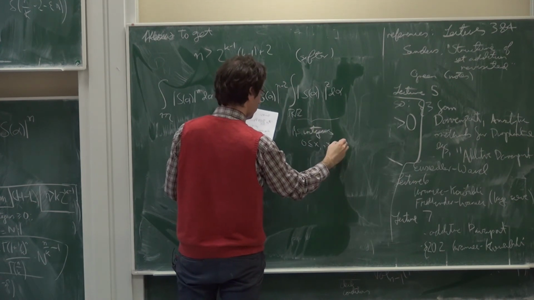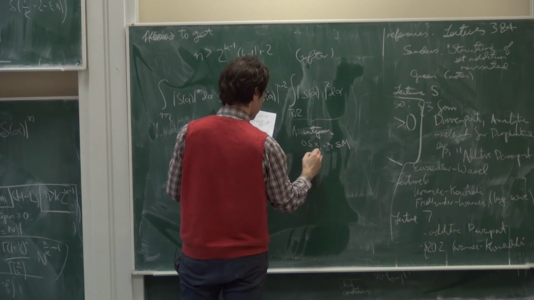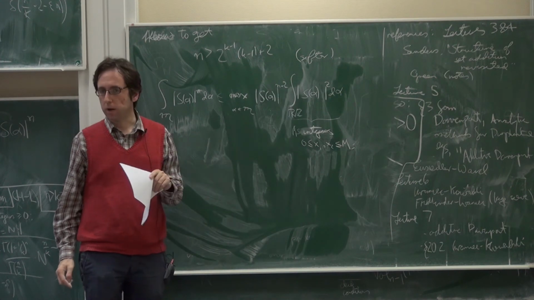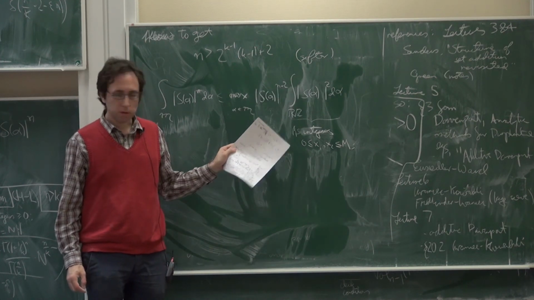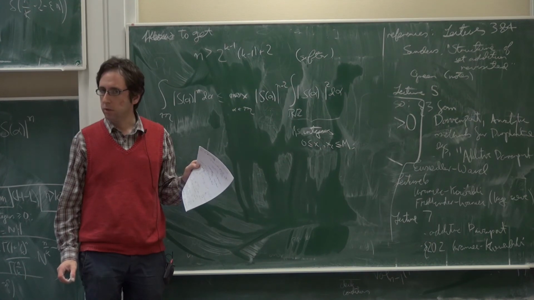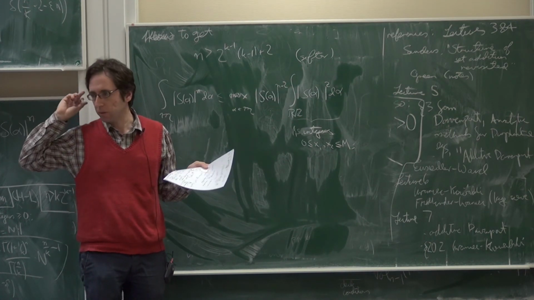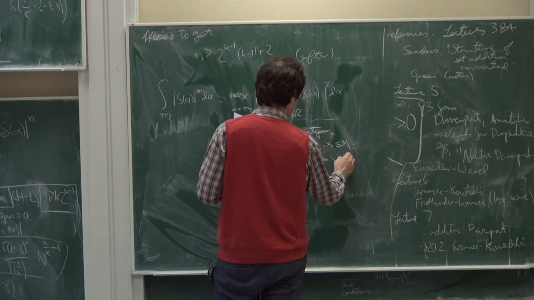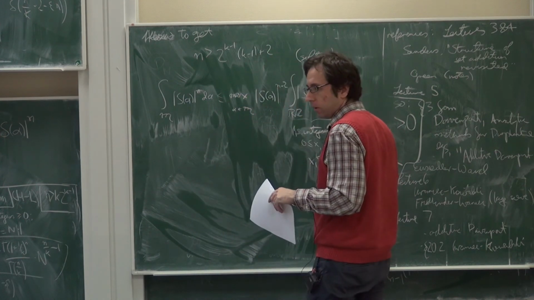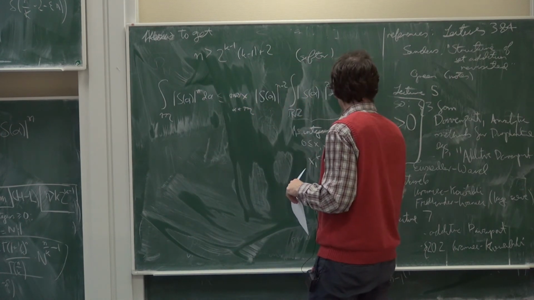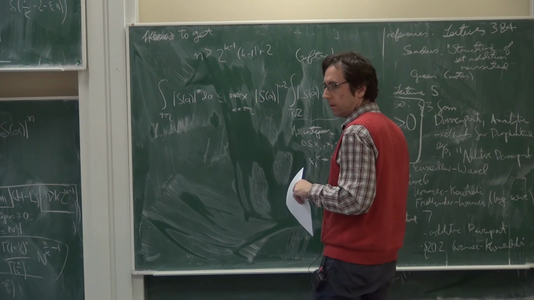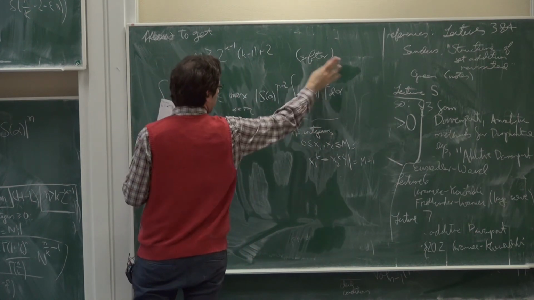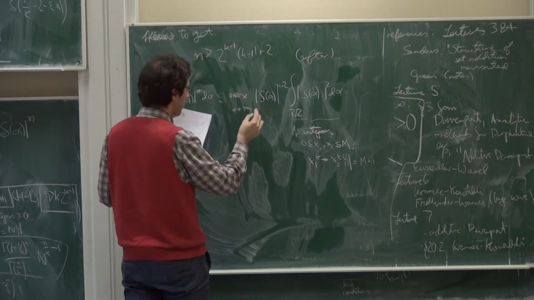So what is the equation whose solutions we are counting here? This integral is the integral of s of alpha squared. It's the number of solutions to which equation? x1 to the k equals x2 to the k. And of course, the number of solutions to that equation is exactly m plus 1. The only way this is going to be true is if x1 equals x2. So that's great. This integral is not m squared, this integral is m.